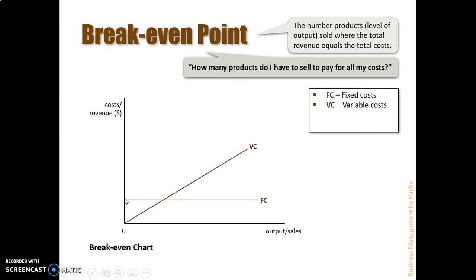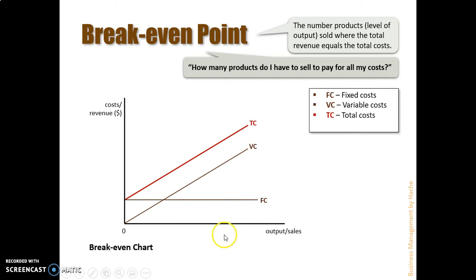So it will have to begin here and grow alongside with the variable cost, like this. So here's the total cost. This is your most important line now to find the break-even point. So you had the fixed cost first, the variable cost then, and then you get the total cost here.